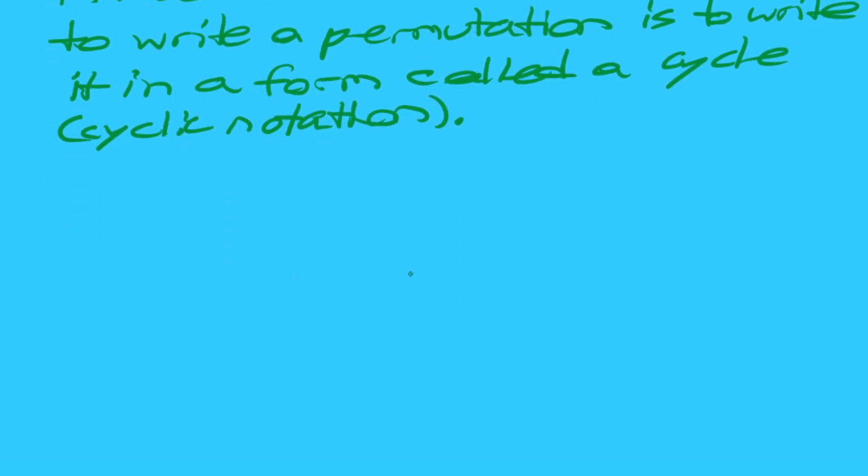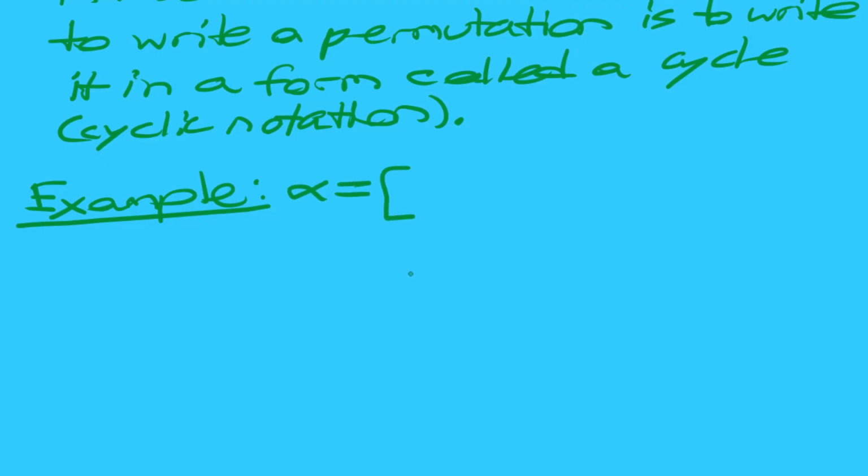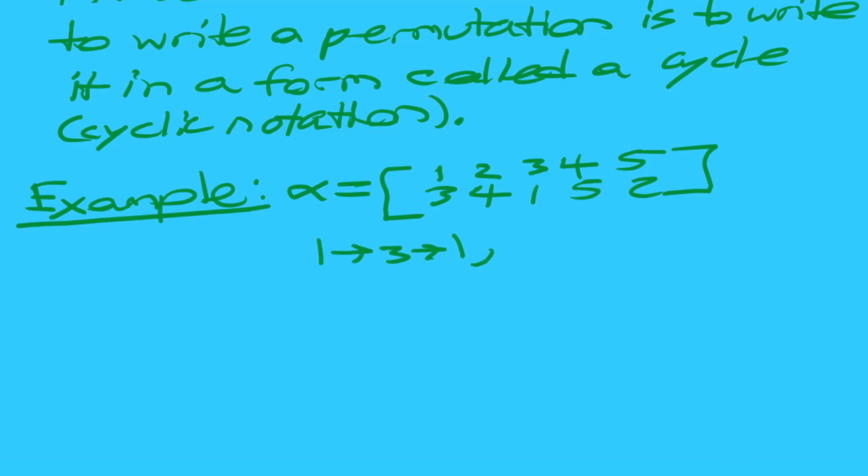So, an example, let's say that we have the permutation alpha is 1 goes to 3, 2 goes to 4, 3 goes to 1, 4 goes to 5, 5 goes to 2. So we have 1 goes to 3, which goes back to 1. And then we have 2 goes to 4, goes to 5, goes to 2.